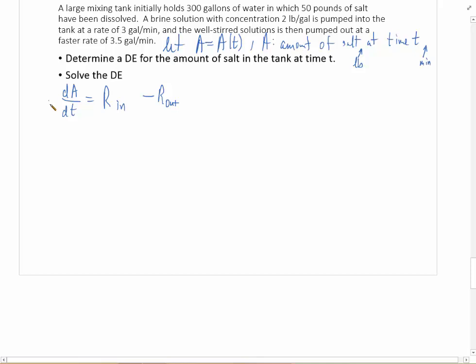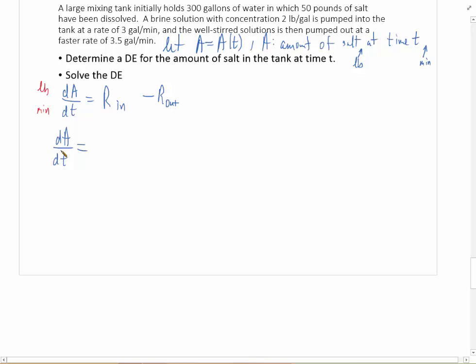Okay, remember the units. A is in pounds, t is in minutes. So this has to work out nicely. The units have to work out nicely. dA/dt. All right, what's coming in?